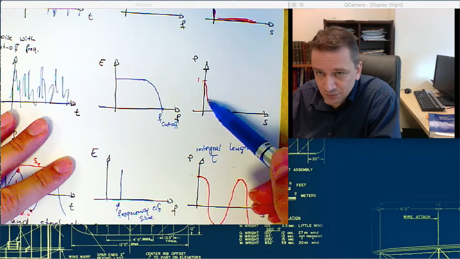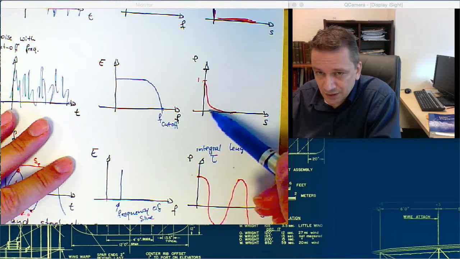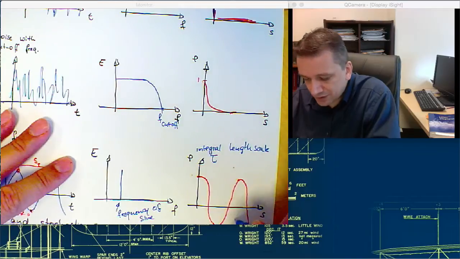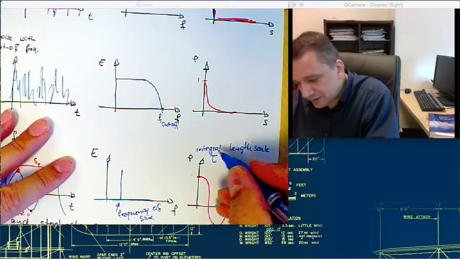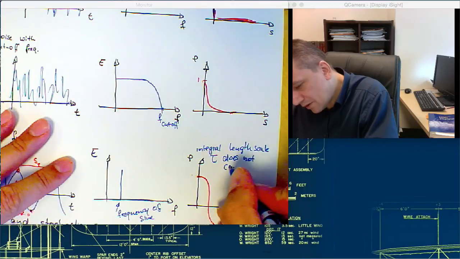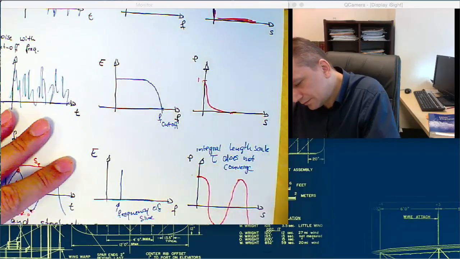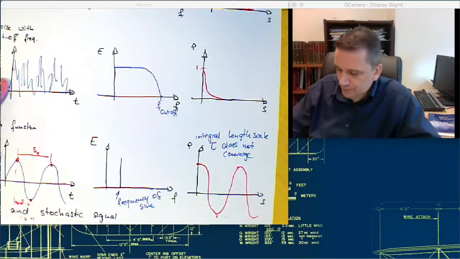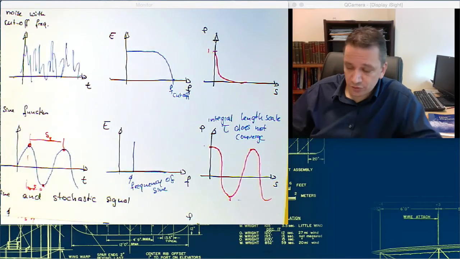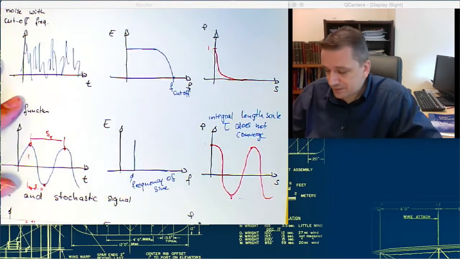For example, here you would get a length scale as the integral goes to 0, but it would not go to 0 over here. So here it does not converge. But luckily in fluid mechanics, you usually don't have a clear signal like that.